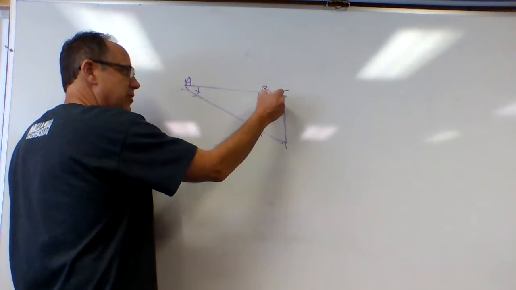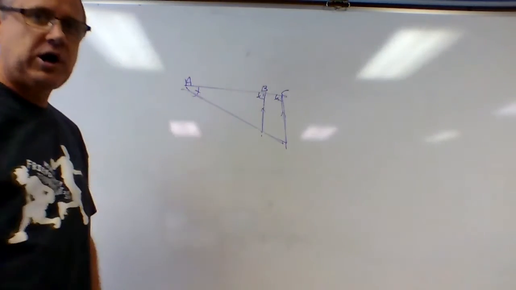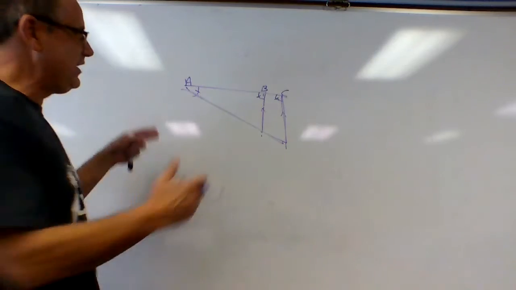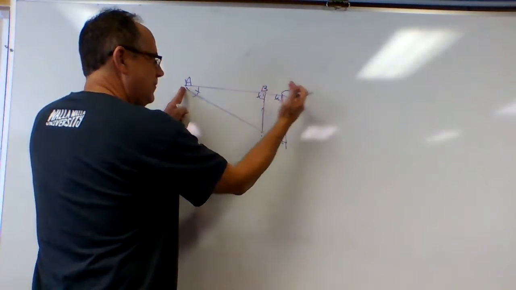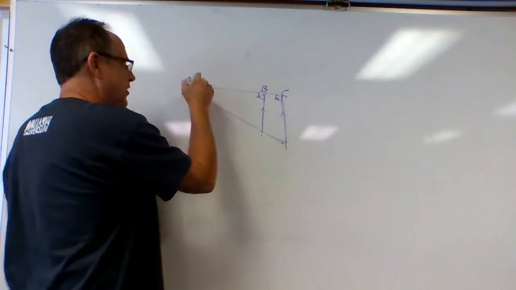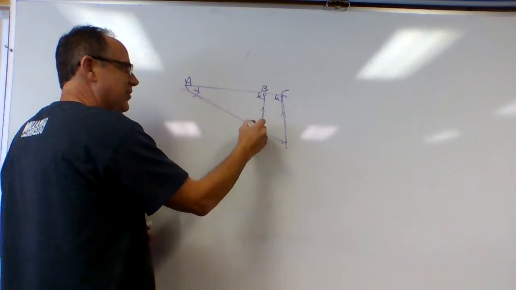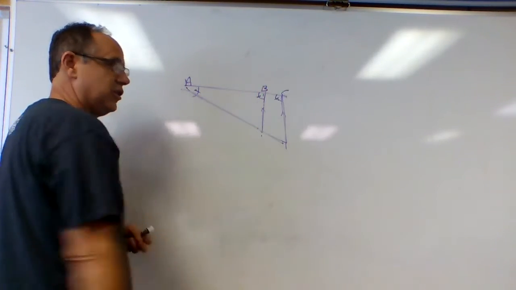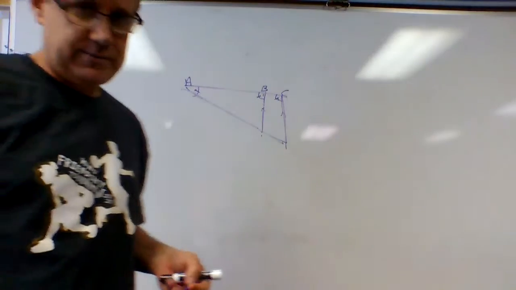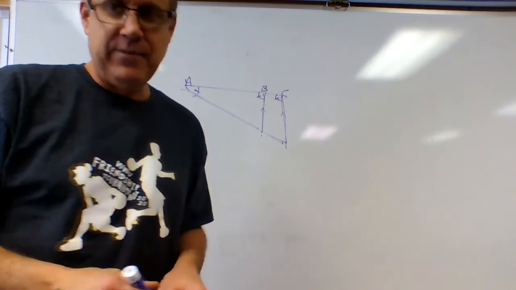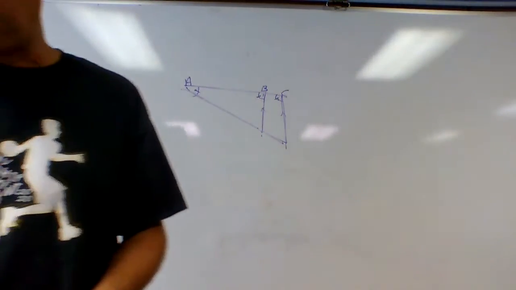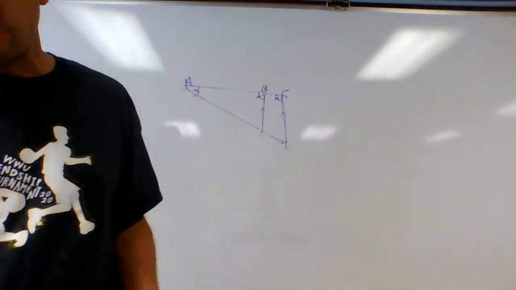So those are corresponding angles, which means this small triangle and the large triangle are going to be similar. And so we look at example 1.